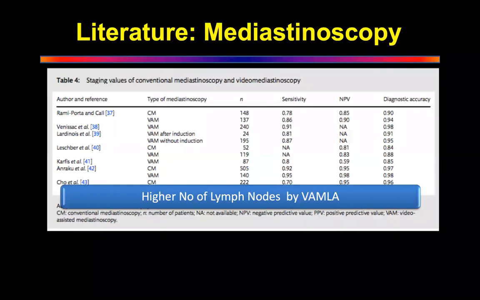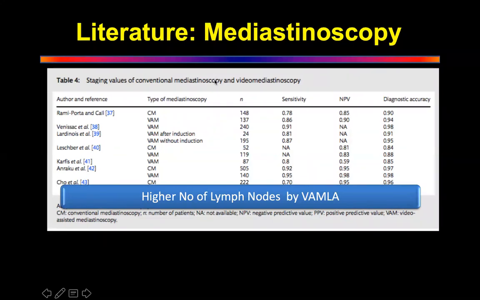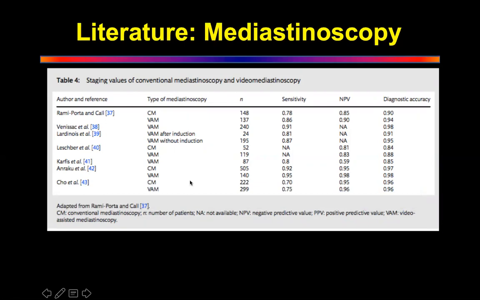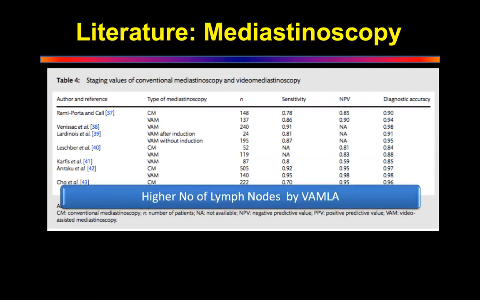So with VAMLA, there is a higher number of lymph nodes. And I want you to take down these points that I have put, because this is the message. So all of these papers, you have to put a message. So you should say the Ramipota et al. have actually done a meta-analysis, and they have shown the following advantages of mediastinoscopy.